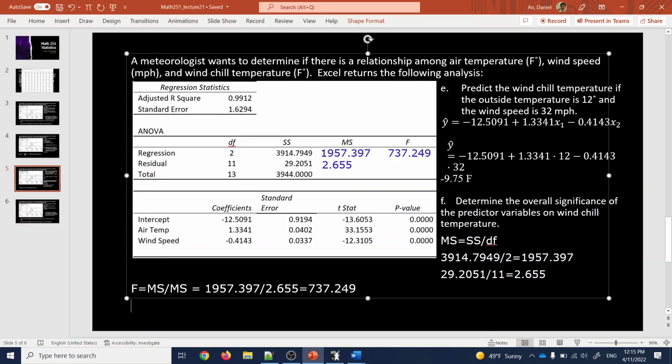So the p-value is p equals 1.916 times 10 to the negative 12th power. That's your p-value, so that's the significance. The overall significance is the p-value, and the p-value comes out as very significant.